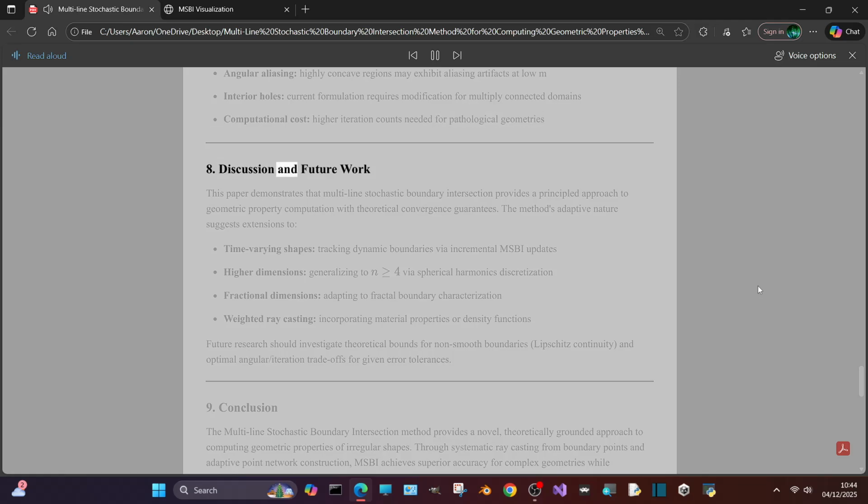8. Discussion and future work. This paper demonstrates that multiline stochastic boundary intersection provides a principled approach to geometric property computation with theoretical convergence guarantees.